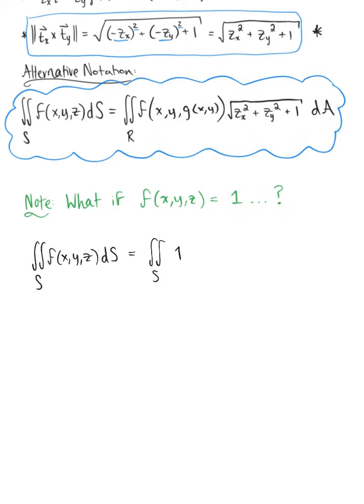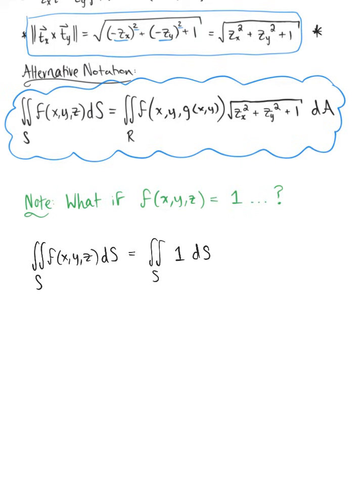What is this going to give us? If you know it, excellent. I want you to think back to multiple integrals. What happened with a double integral when we let the integrand be 1? What happened with a triple integral when we let the integrand be 1?